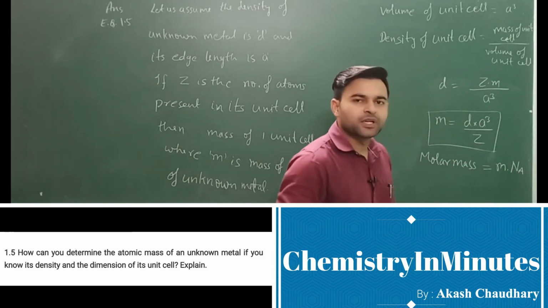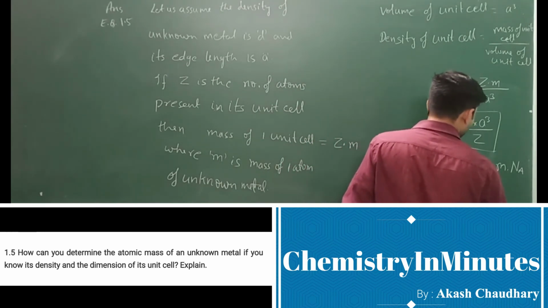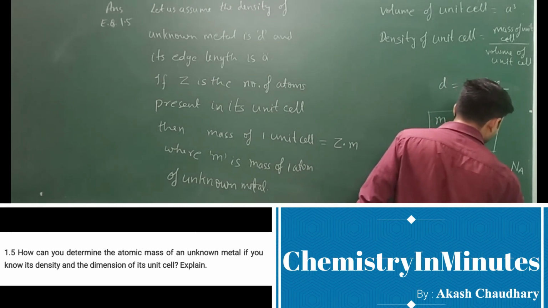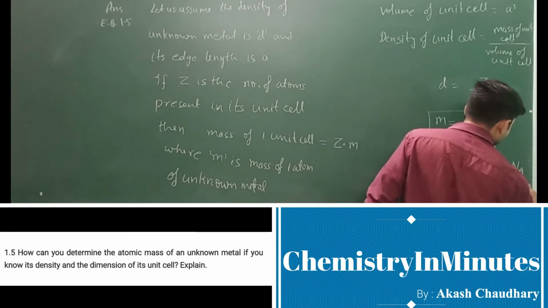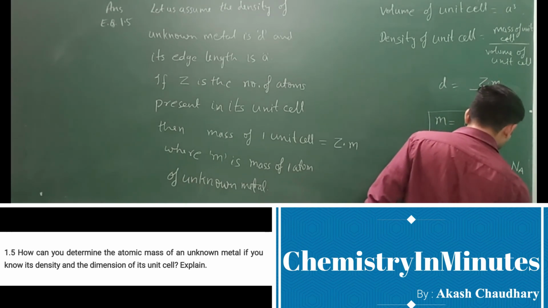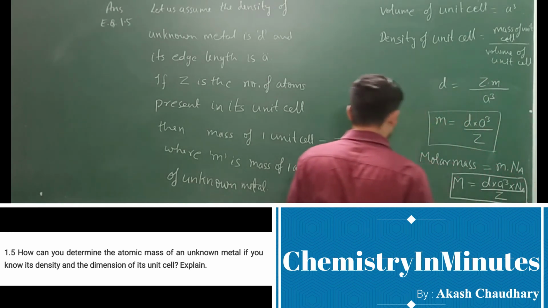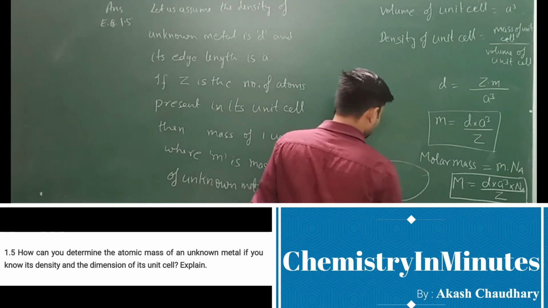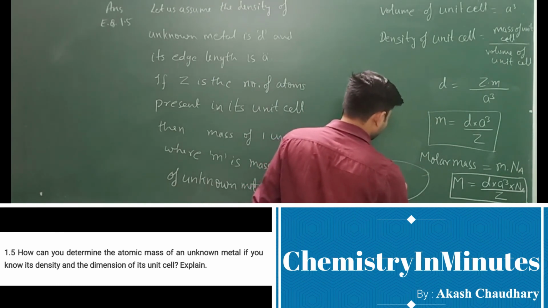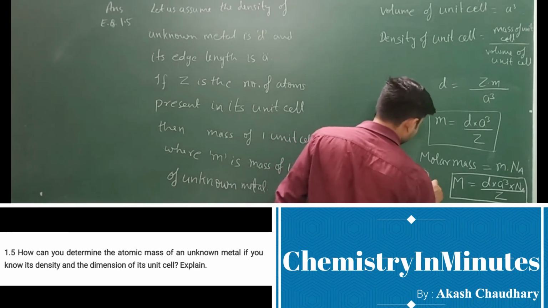Na is Avogadro number, so this capital M will come as d into A cube into Na divided by Z. Here we can write Na, Avogadro's number.